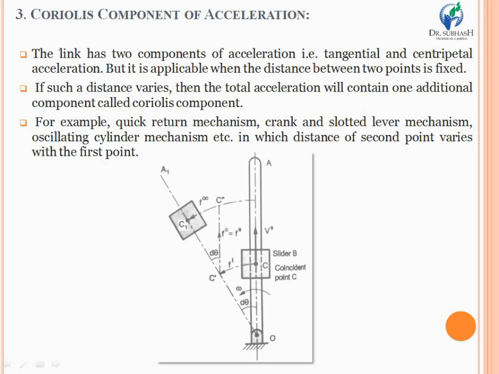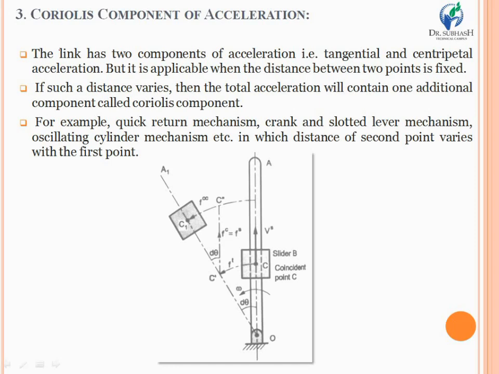Suppose you are analyzing any mechanism in which the other point, that means the second point, is moving or sliding constantly. At that time you have to go for the Coriolis component of acceleration. This type of mechanism, in which this phenomenon happens, where the second point is sliding along the path or along the link continuously whenever the link is moving or rotating, you can see in the quick return motion mechanism of a workshop shaper machine.